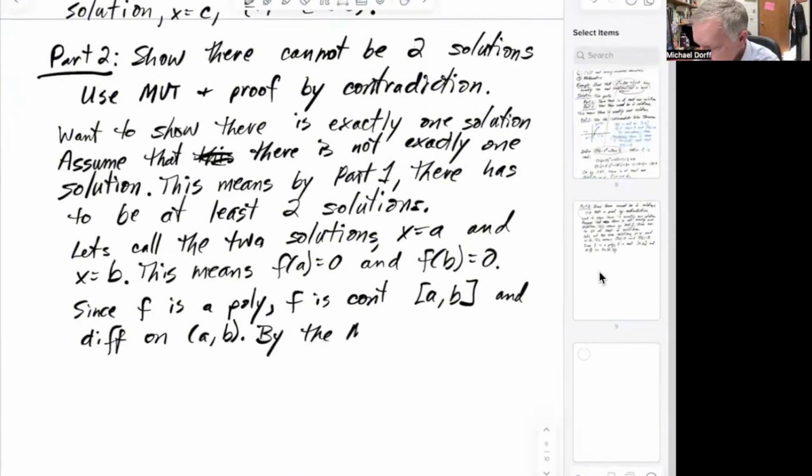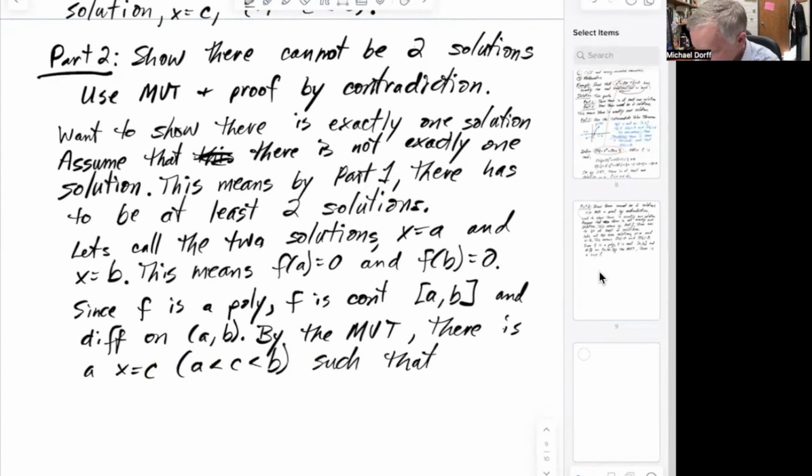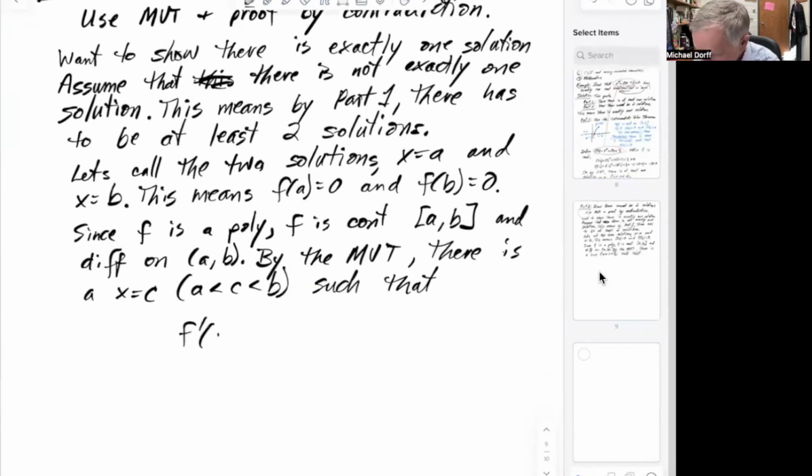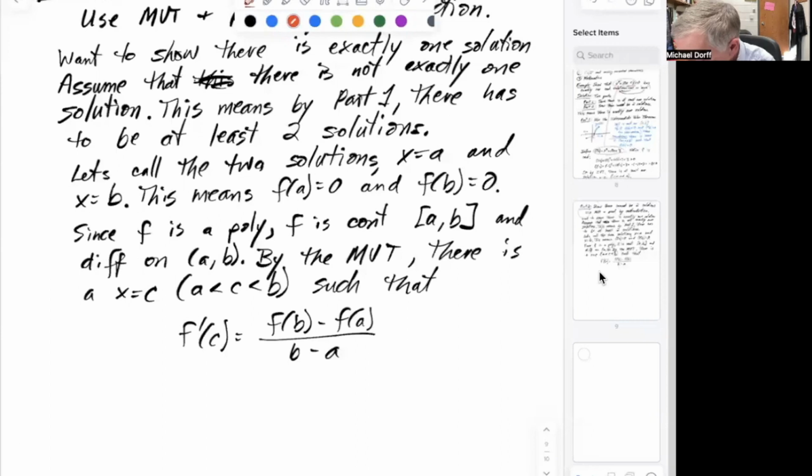So now we can say by the mean value theorem, there is a value x equals c, where c is between a and b, such that we get the conclusion of the mean value theorem: the derivative at c equals f of b minus f of a over b minus a. But what is f of b?